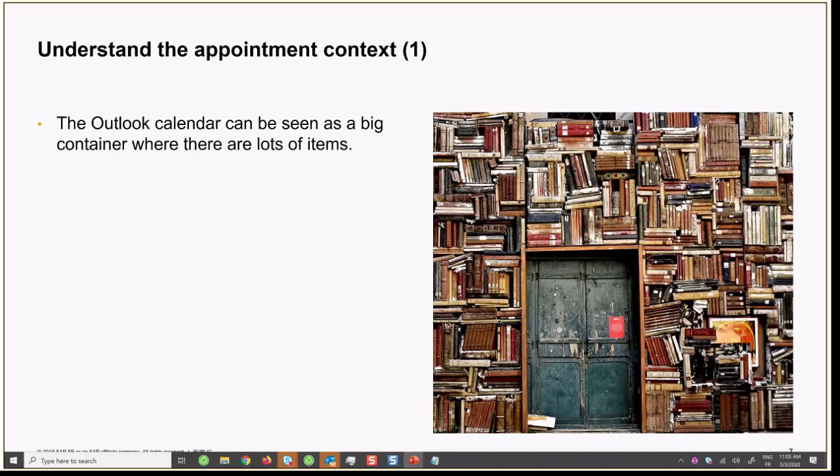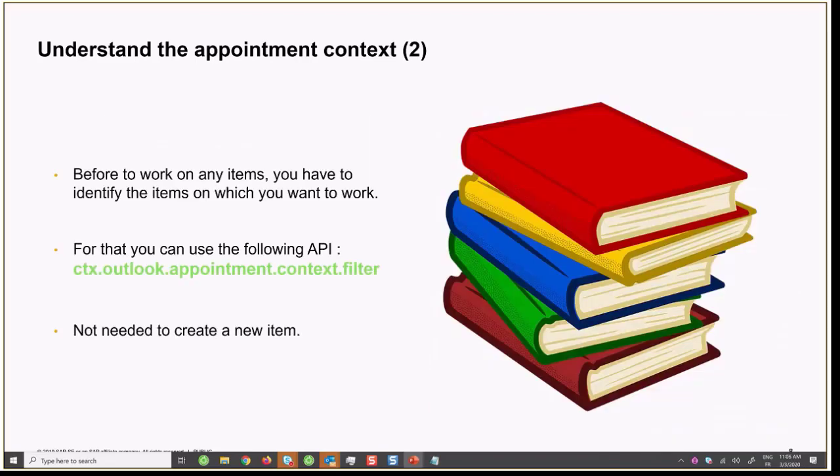To do that, we have a method called filter. As a student, you select some books thanks to the filter method. Then you go back to your desk and you will read them. But you cannot read all of them at the same time.